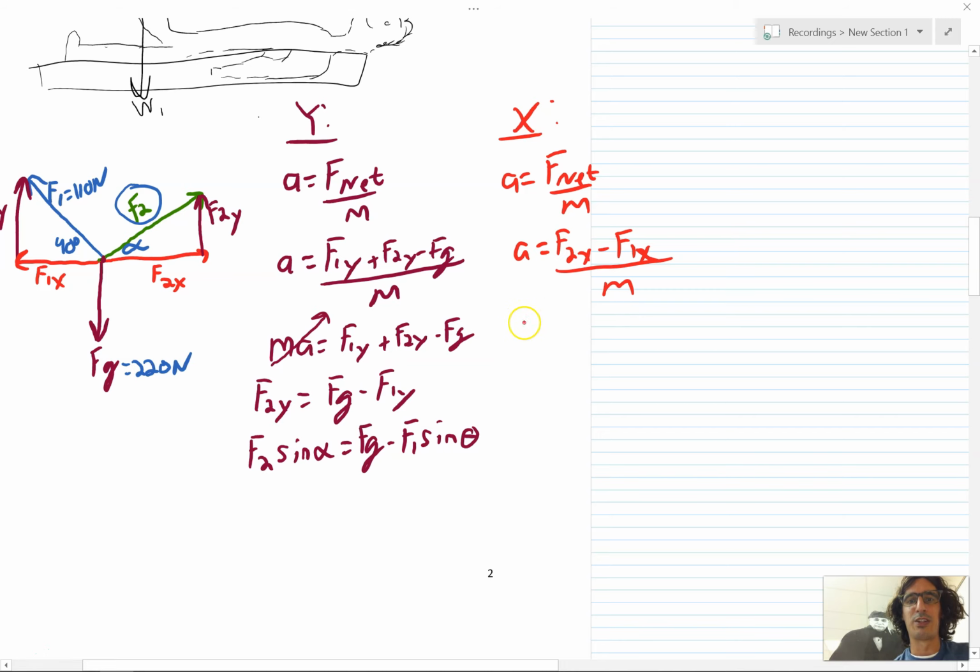Again, multiply both sides by the mass, so ma equals F2x minus F1x. ma goes away because the person is not accelerating. Let's just keep it simple and add F1x to the other side. F1x equals F2x.